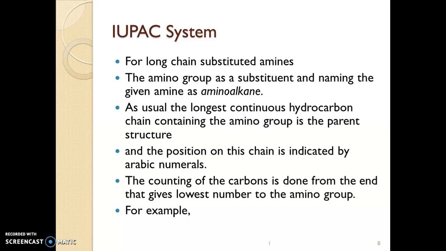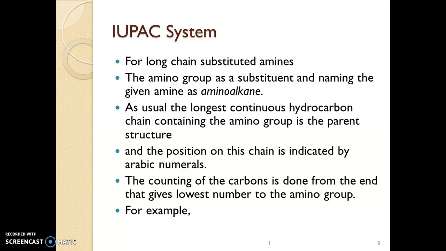So the IUPAC system of amine naming is generally applicable for long chain substituted amines. In this system, we have to consider whatever the structure of the compound which contains the amino group as a whole as an amino alkane.